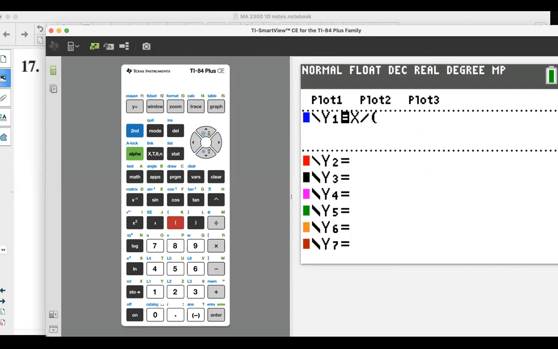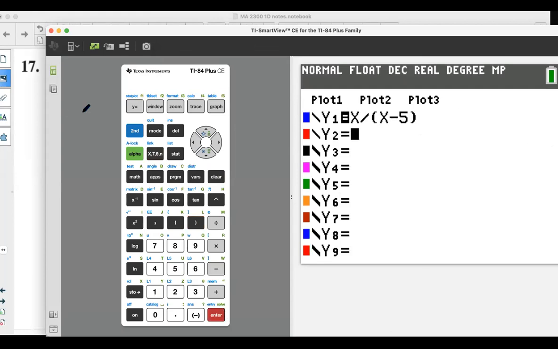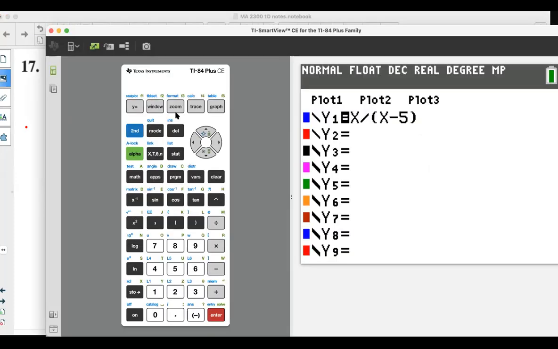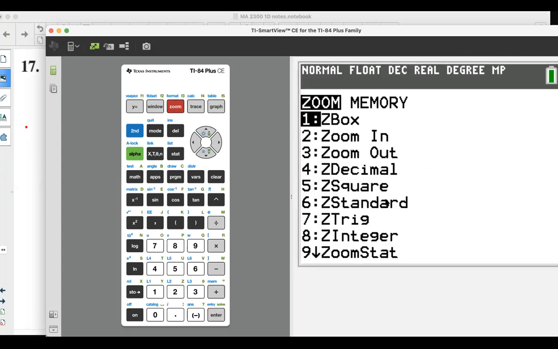So I need to put the parentheses to group them together: x divided by (x minus 5). Now, the value that I'm looking at is about 5, so I'm going to zoom standard. When I do zoom standard, it gets me negative 10 to positive 10 on the XY window. So I'm going to Zoom standard, number 6.